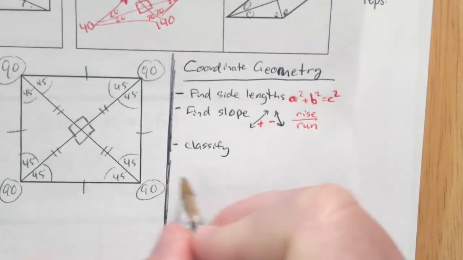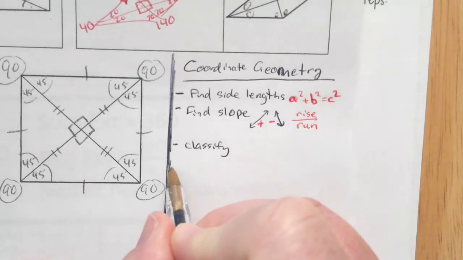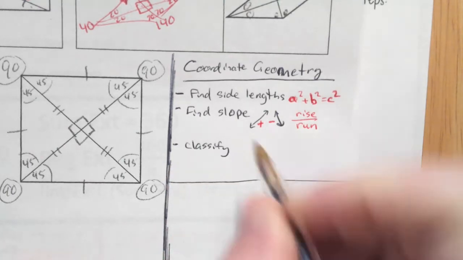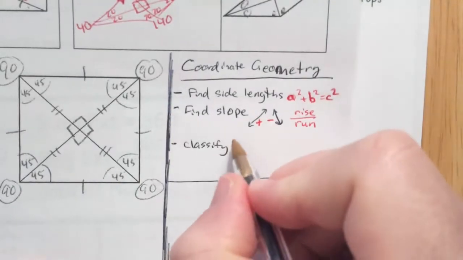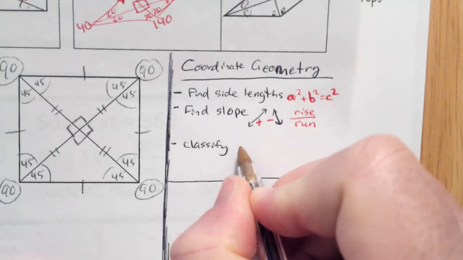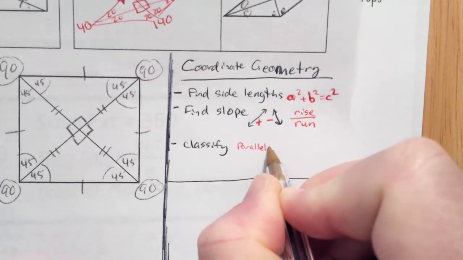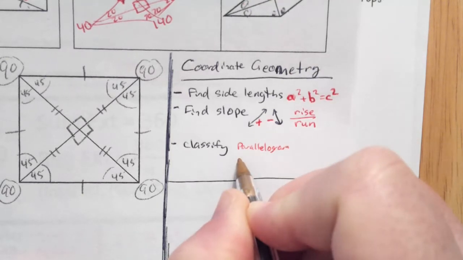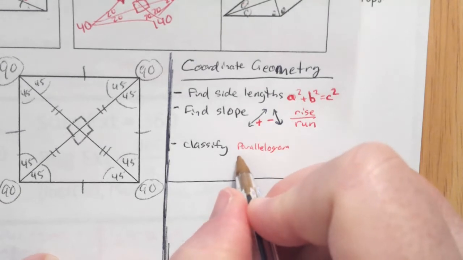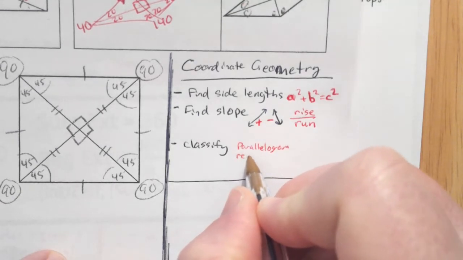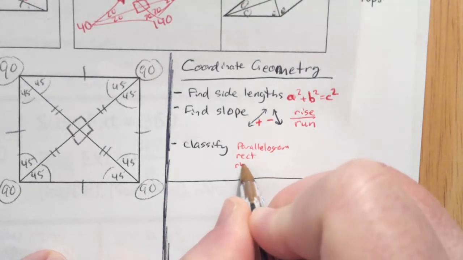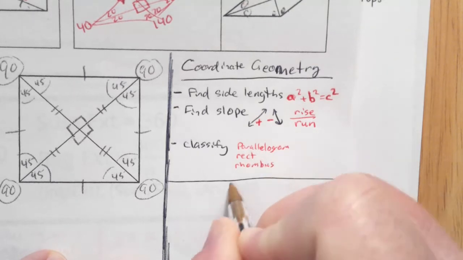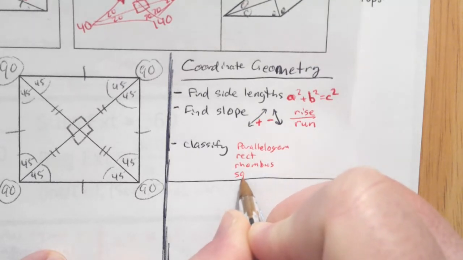Okay, and those are the steps right there. So is it going to be a parallelogram? Is it going to be a rectangle, rhombus, square?